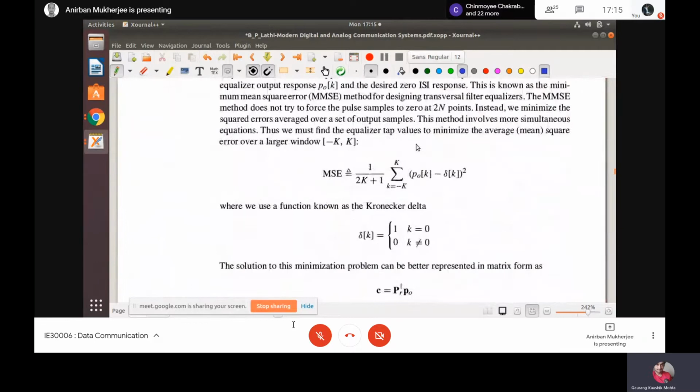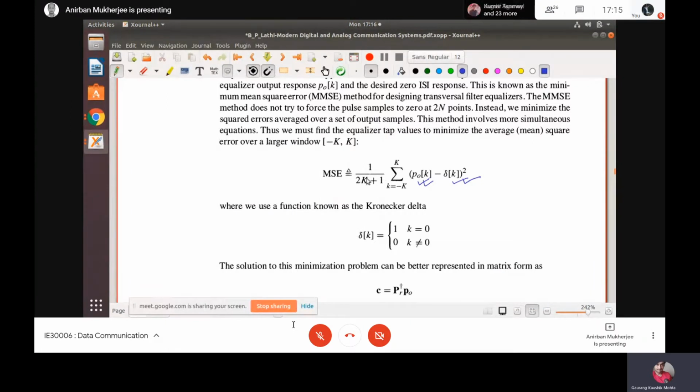So what I am doing, this is my P0k and this is my delta. And minus k to plus k, mean square error, 1 by 2k plus 1.